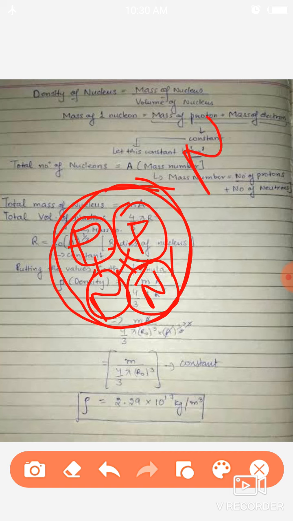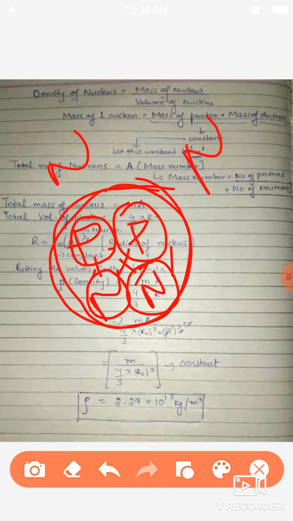So in order to find out total volume, we will calculate volume of each and every nucleon and multiply by the total number of nucleons. By help of this we can determine total volume of nucleus.